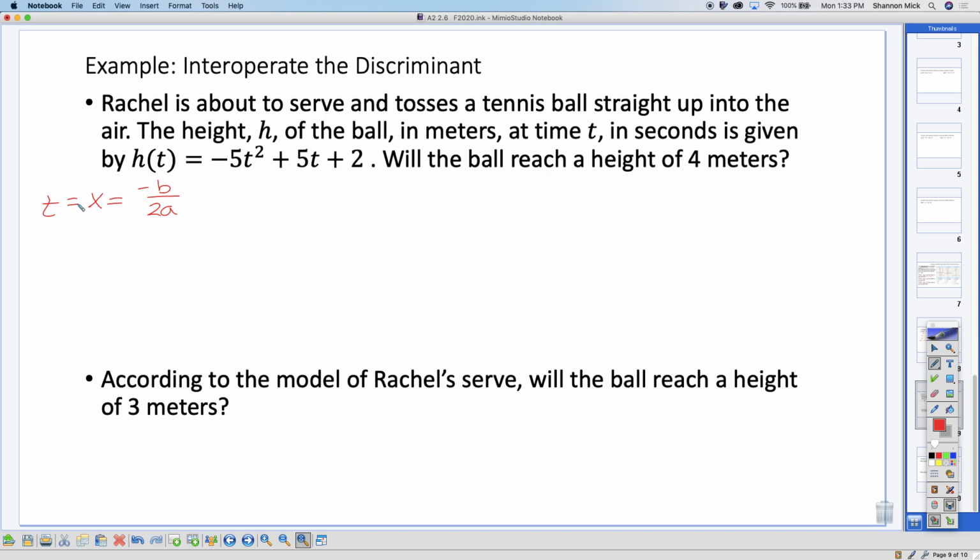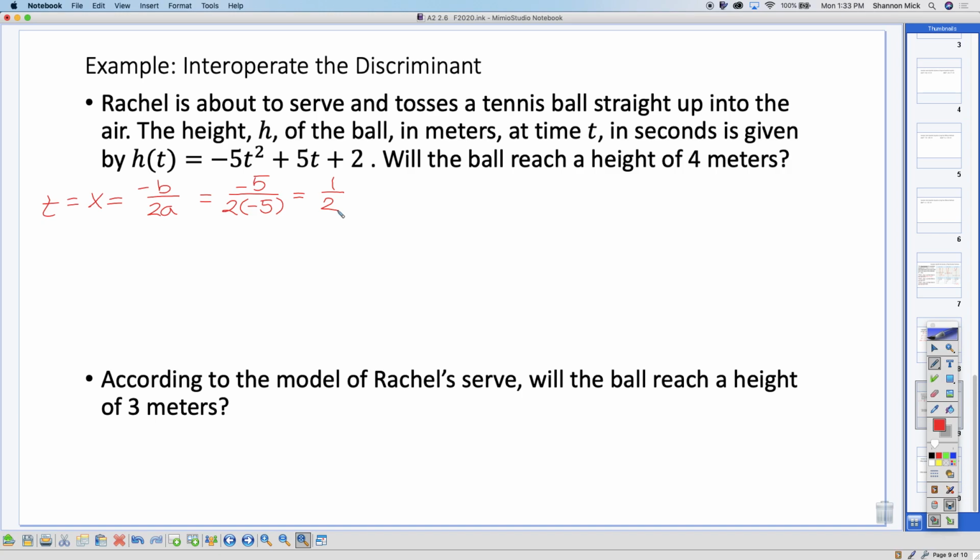Plug it back into the equation. So what's b? b is 5, so it's negative 5 over 2 times negative 5. So 5 over negative 10, which is a half. So in a half a second, it's going to reach its max height.